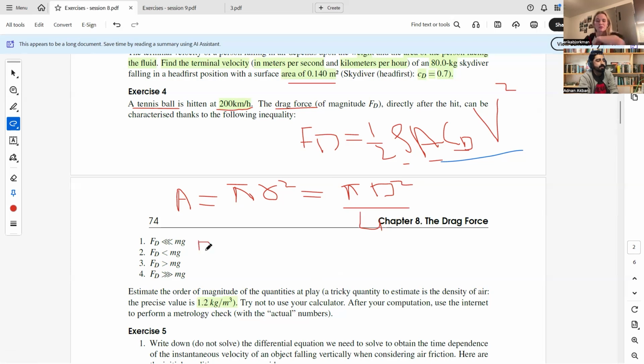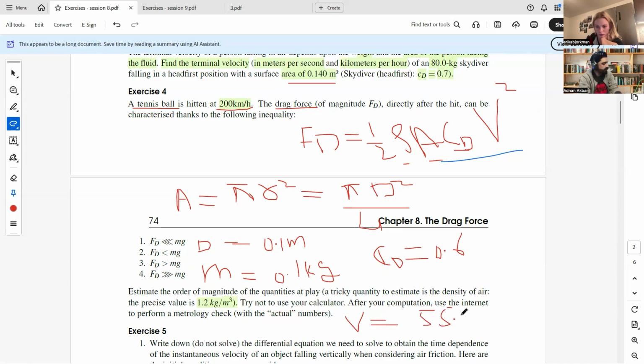The diameter that we are considering is 0.1 m, its mass m is 0.1 kg, and its drag force constant CD is 0.6. The velocity given to us is 200 km per hour, but we are converting it into meter per second, which becomes 55.56 meter per second.